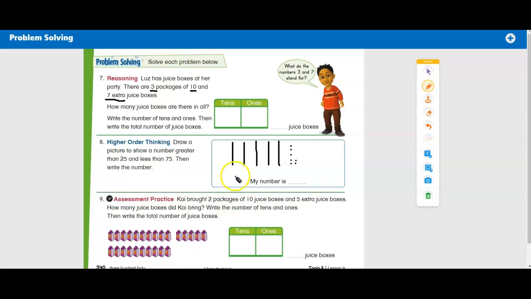This shows 10, 20, 30, 40, 50, 51, 52, 53, 54, 55, 56, 57. My number is greater than 25 and less than 75. Now I want you to choose a number and then show what it looks like using tens and ones.